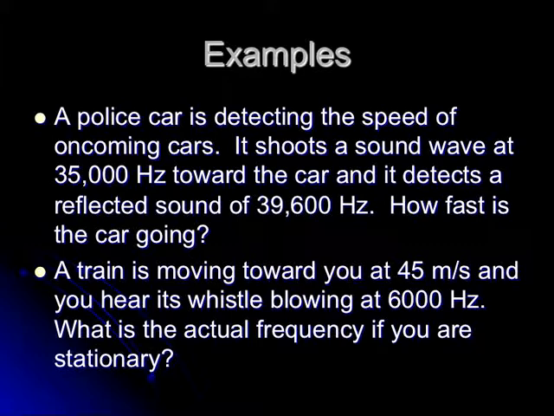So that's FD. It's looking for how fast the car's going. That's going to be VS. And since the police car is stationary, that's the detector, that means VD equals 0.